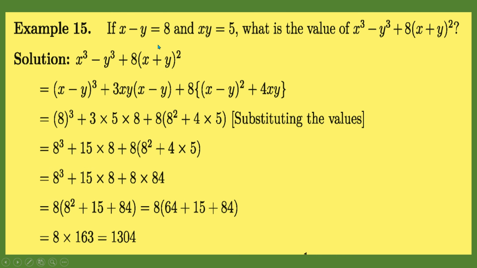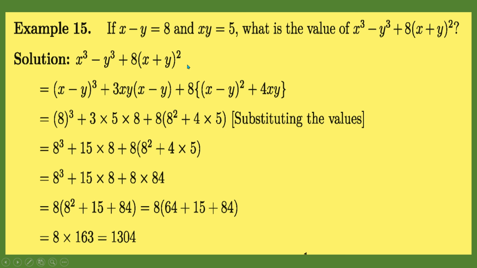Number 15. If x - y equals 8 and xy equals 5, what is the value of x^3 - y^3 + 8(x+y)^2? Here the given condition is x - y equals 8 and xy equals 5. Now make the formula: x^3 - y^3 equals (x - y)^3 + 3ab(a - b), a means x, b means y, that means 3xy(x - y) plus here (x+y)^2.